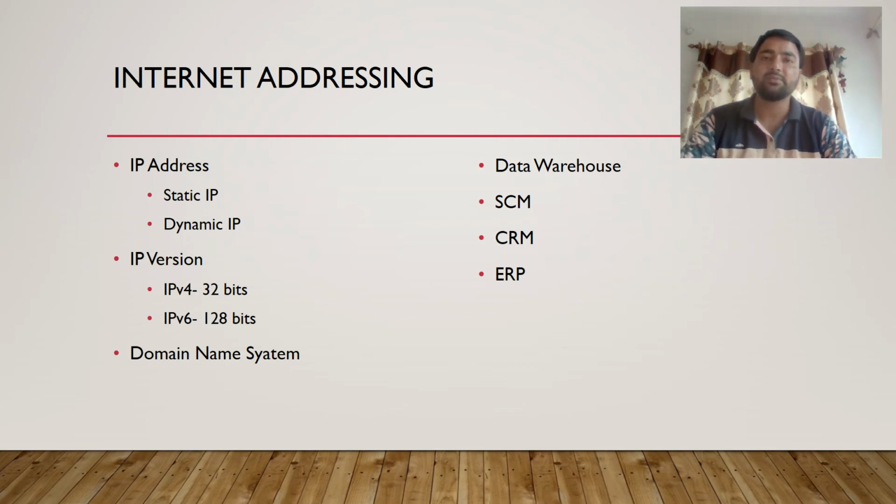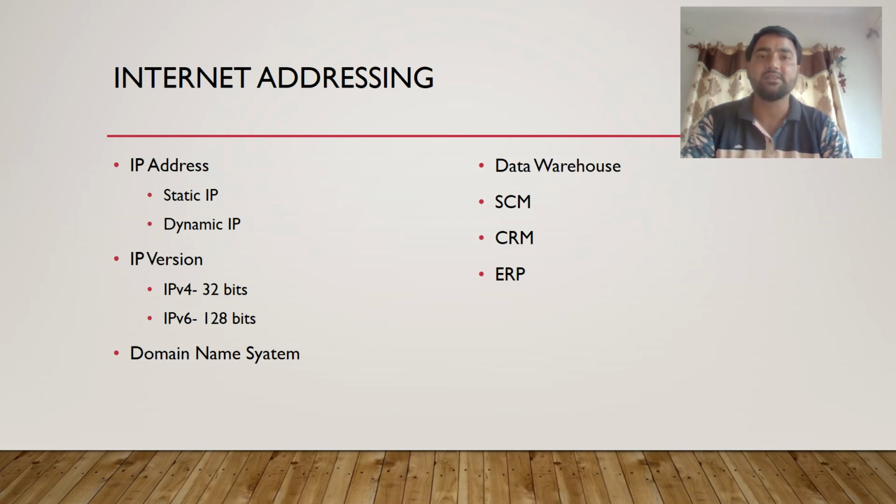Then comes the domain name system. The domain name system is a software program or module which is used to convert your IP addresses into name-based addresses that can be easily and effectively used by the user. For example, google.com is a domain name that we use for our ease, but the system doesn't understand the domain name.